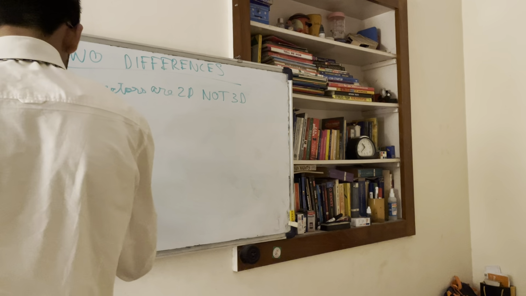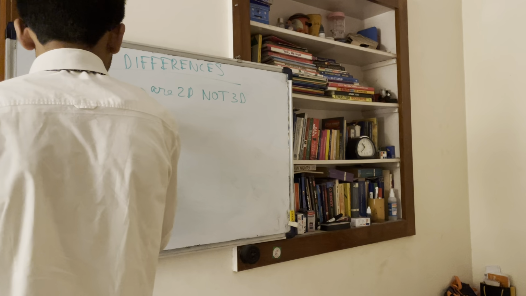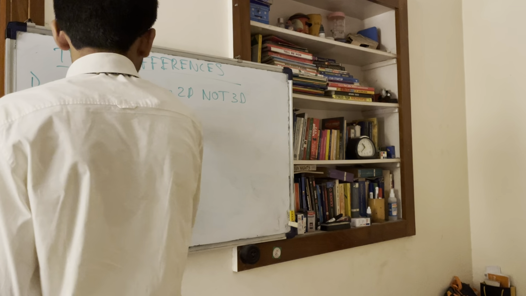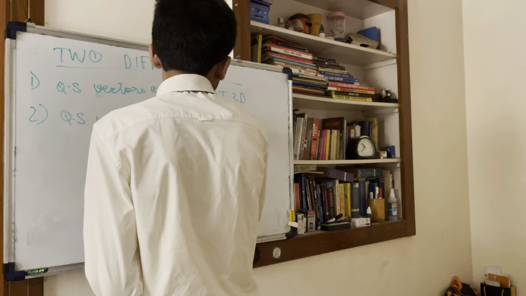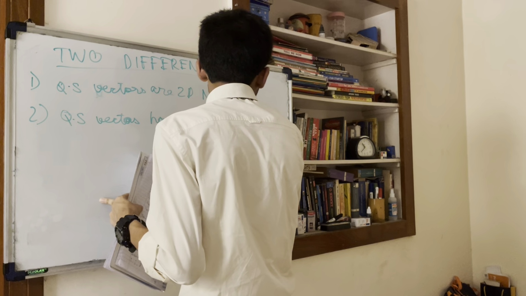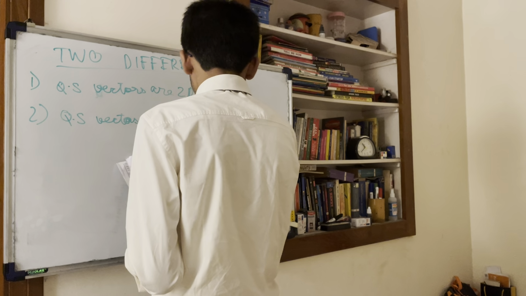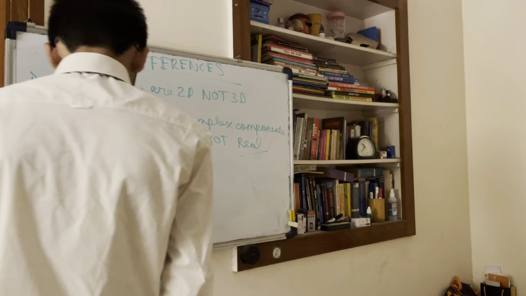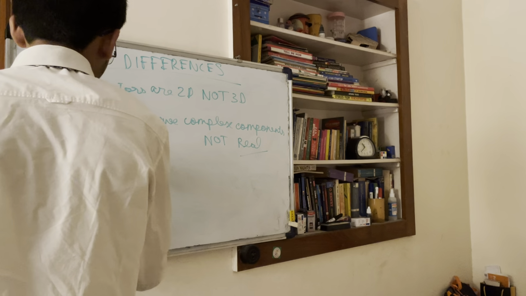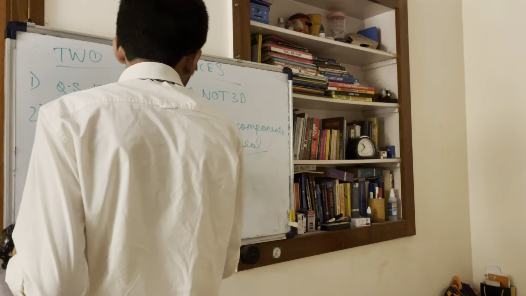Second is QS vectors have complex components, not real. So this would mean they belong to the set of C2, not R3.